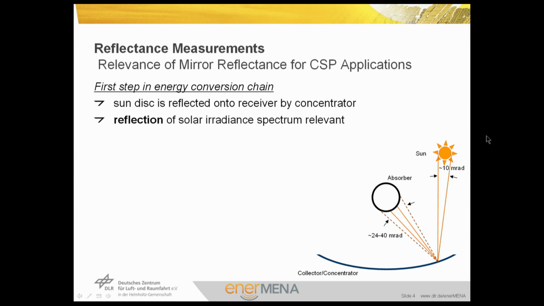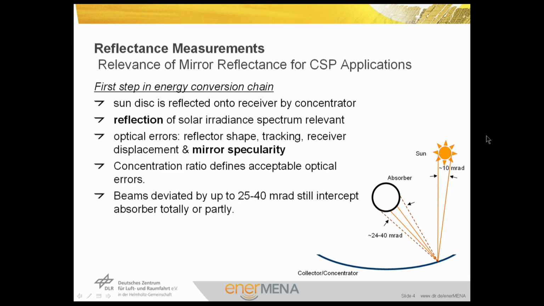So the reflectance of the solar irradiance spectrum is relevant, and this also includes the specular reflectance because, as we can see in the image, the sun disk has a diameter of about 10 milliradians, and the solar light that hits the collector is then reflected onto the absorber in the specular direction, and only what is reflected in this direction is included in the energy conversion chain. What goes out here will not be used in the concentrating system.